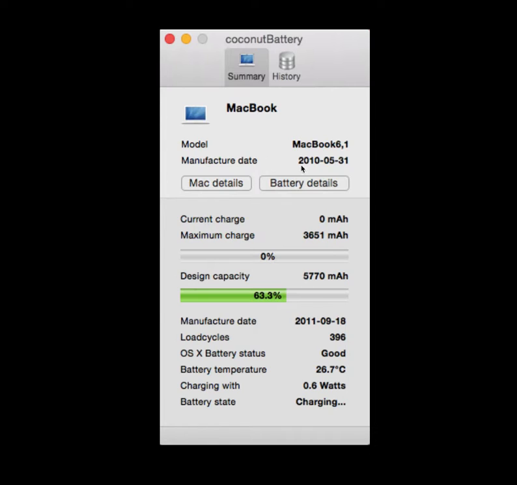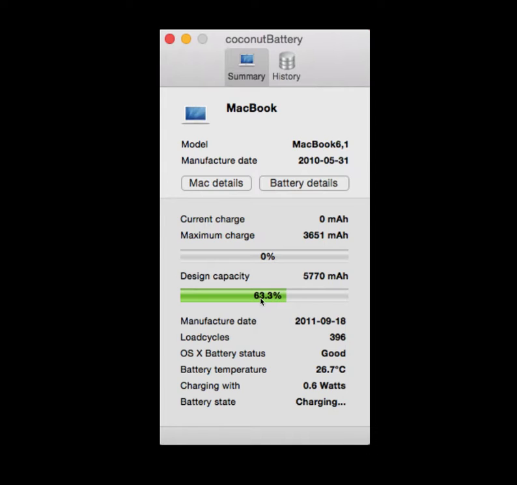So here you have the MacBook model, manufacture date. This is not important. But what you have is the design capacity, so sort of the original capacity, like when it was a new battery, it had 5770 milliamp hours.